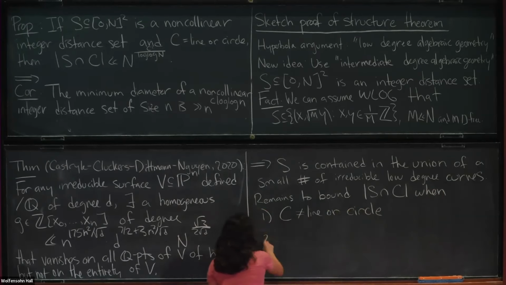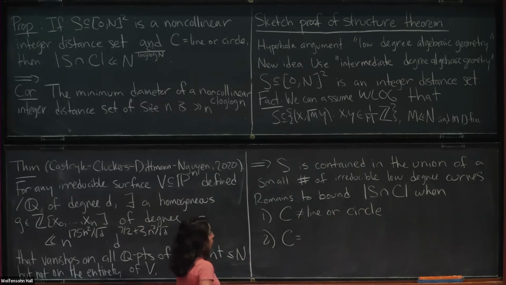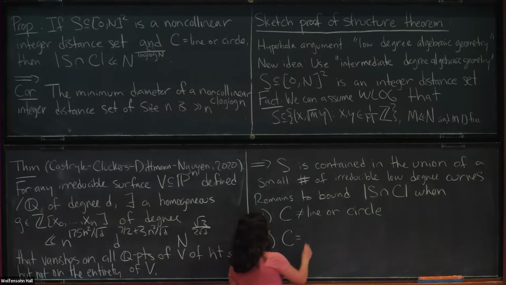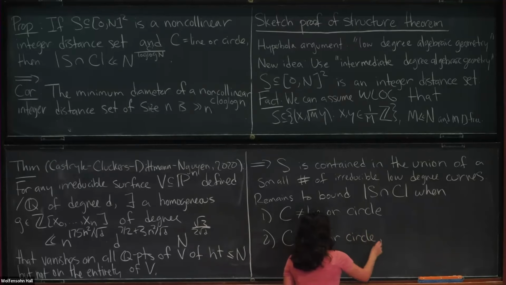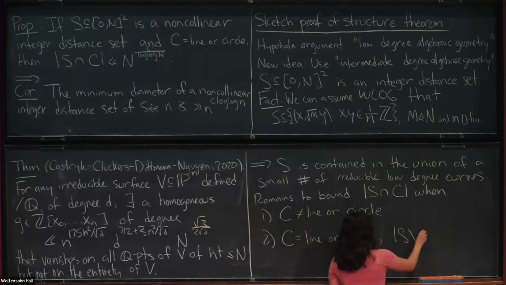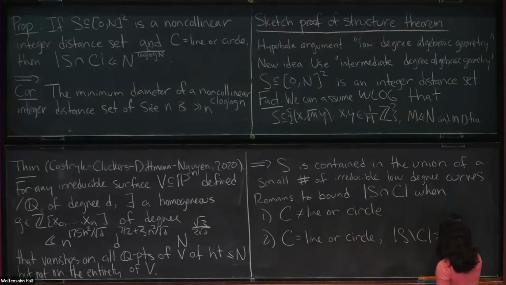And then the second case, when C is a line or circle, but there are lots of points off of the line or circle C. Precisely, this condition is when the number of points not on the line or circle is larger than log squared.